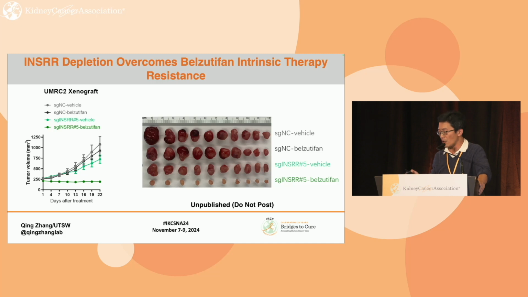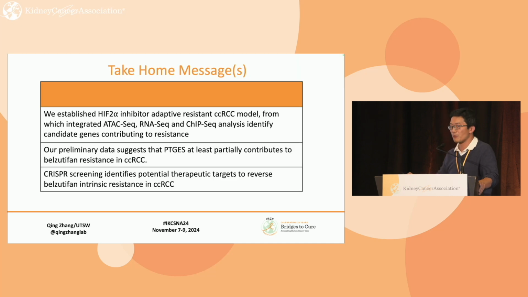This is still ongoing. So in summary, I present two short stories in terms of how to target either intrinsic or adaptive resistance. From the adaptive resistance perspective, we generated a cell line model that can recapitulate HIF2 inhibitor adaptive resistance, and by performing integrated analysis with ATAC-seq, RNA-seq, and ChIP-seq, we can potentially identify candidate genes that contribute to this adaptive resistance.